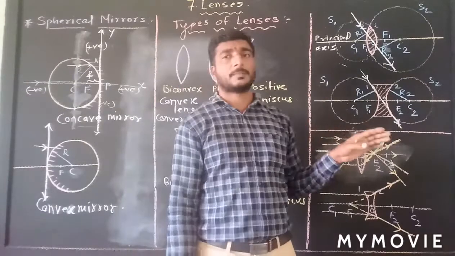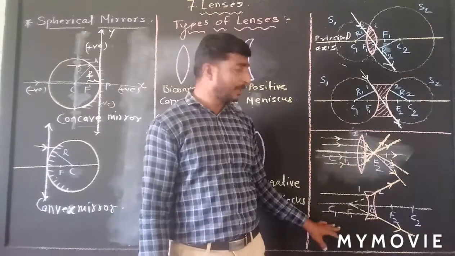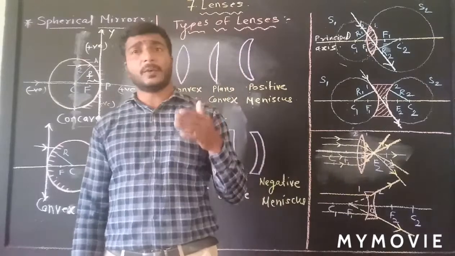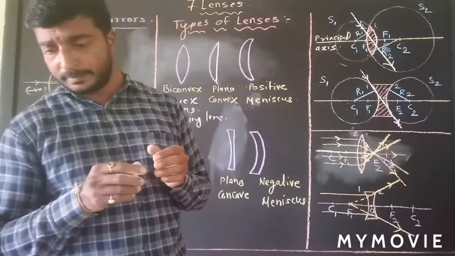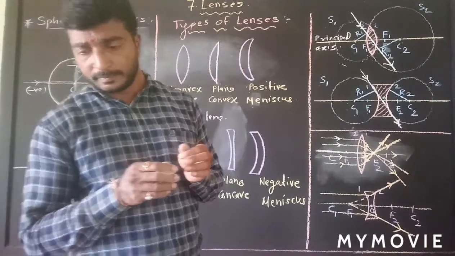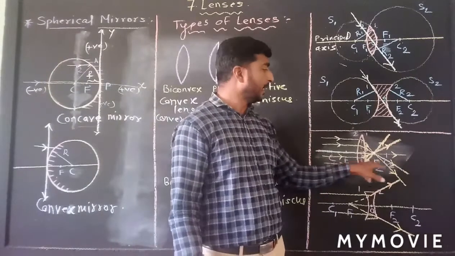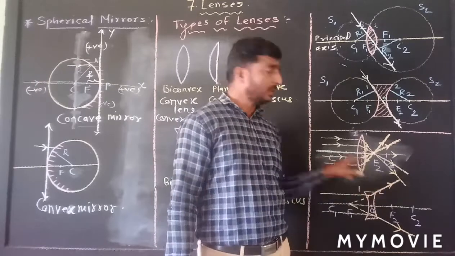Then the principal focus. When a ray of light travels in a parallel direction, they converge at a point on the principal axis.